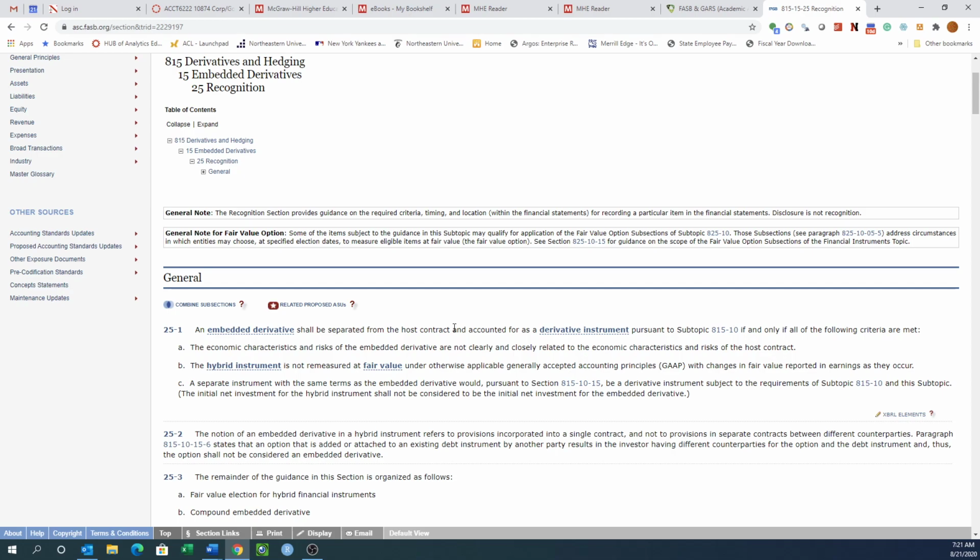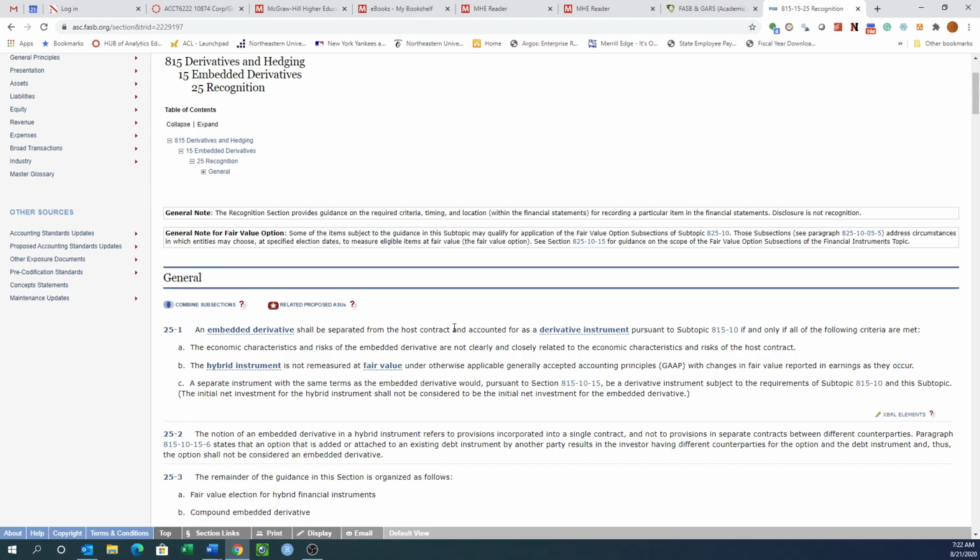The embedded derivative shall be separated. So if you have a derivative in a host contract, it has to be separated from the host contract and accounted for as a derivative if and only if all of the following criteria are met. So these three things have to exist.